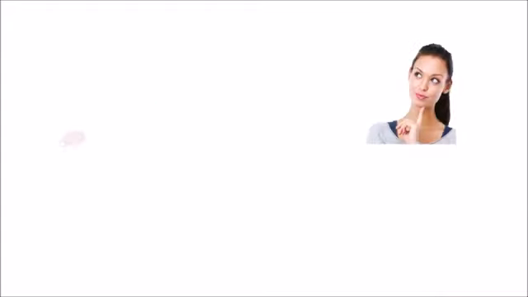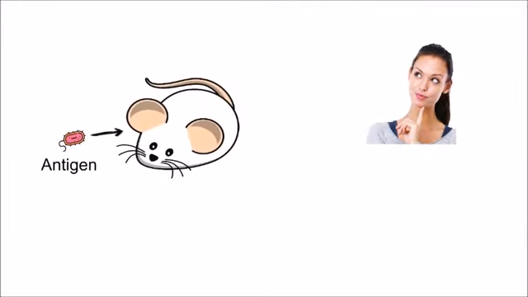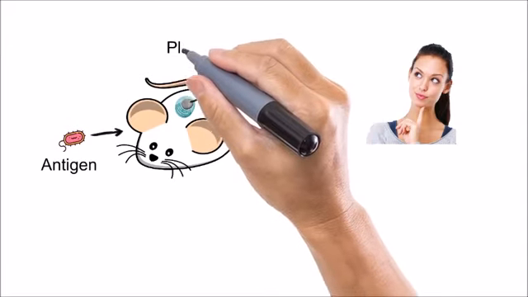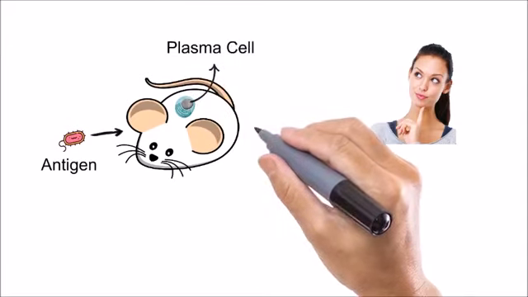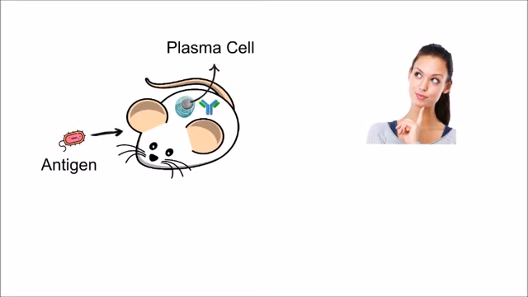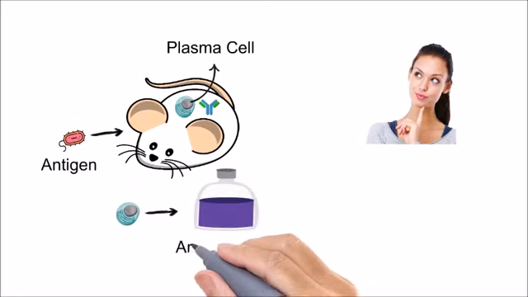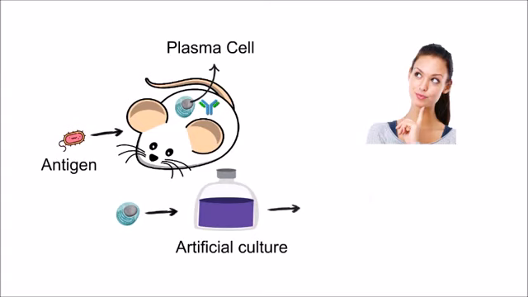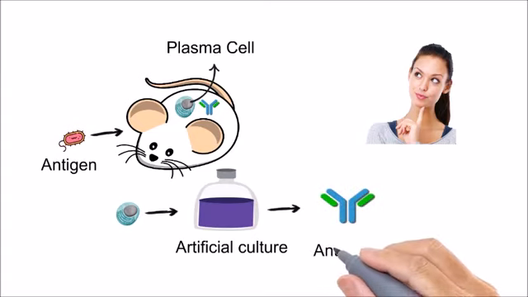Now we might think, if the antigen is administered into the body of an animal and that animal produces plasma cells against that particular antigen, which produce monoclonal antibodies against it, we can isolate these plasma cells from the lab animal and culture them in artificial media. And in artificial media, these plasma cells will produce antibodies for us.